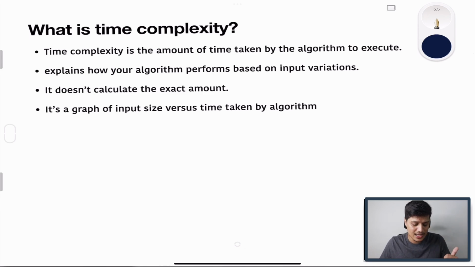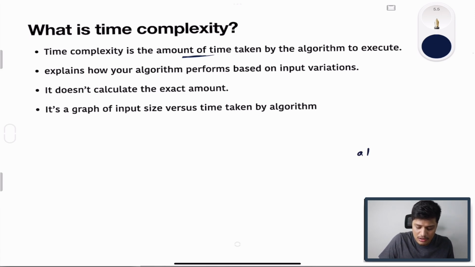Okay, with that being said, let's dive into understanding what exactly time complexity is. The time complexity of an algorithm defines the amount of time that an algorithm takes to give the end result, or the amount of time it takes to execute.